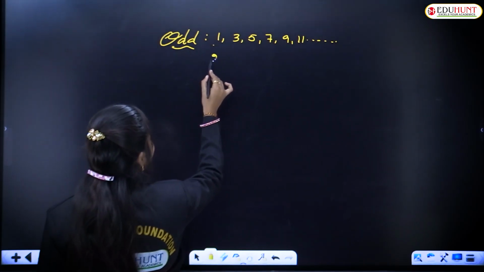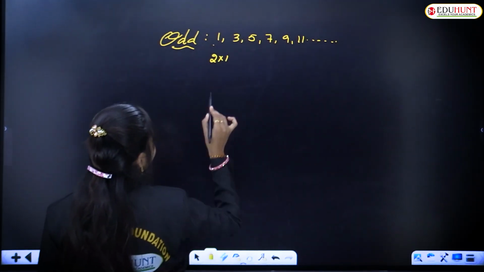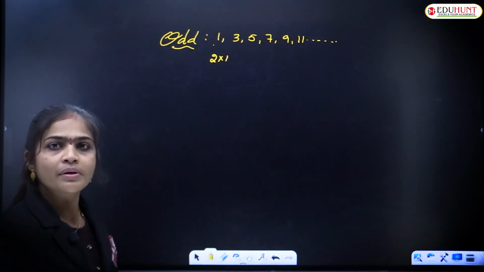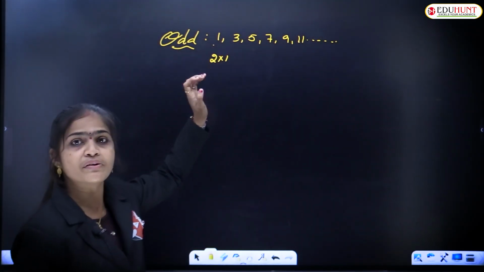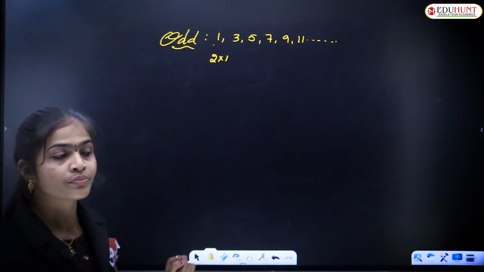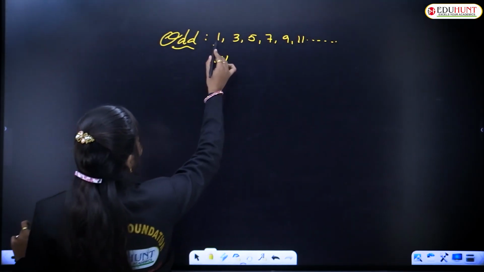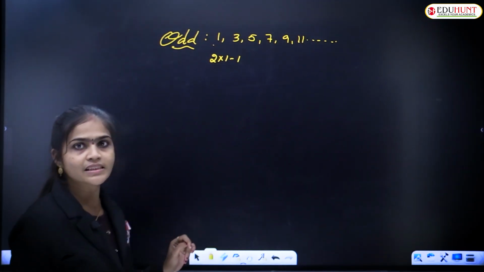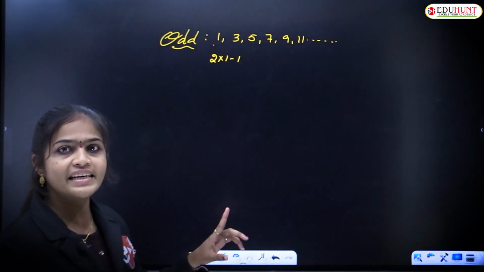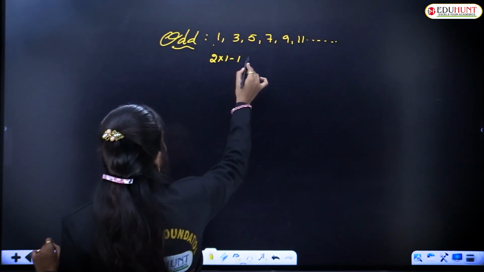This one also we can write in terms of a multiple of 2. 2 into 1. Why ma'am, 2 into 1 is equal to 2? But here the first odd number is 1, so why are you saying that is a multiple of 2? I'll tell you that, listen. Here 1 we can write as 2 into 1 minus 1. Shall we write like that? 2 ones are 2, 2 minus 1, that is 1 again.